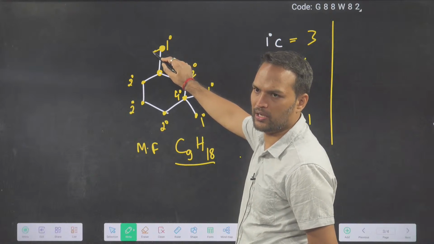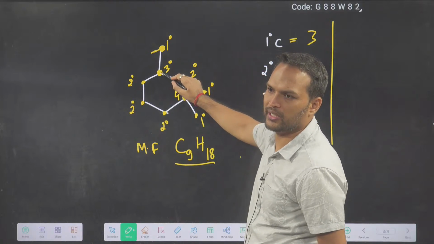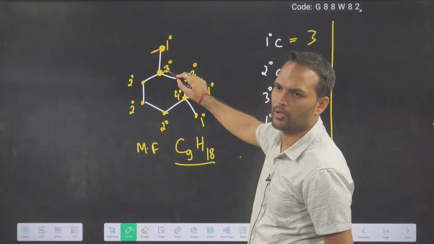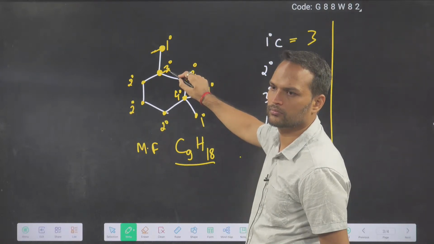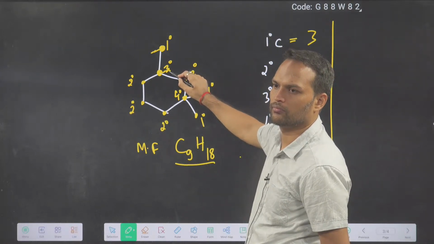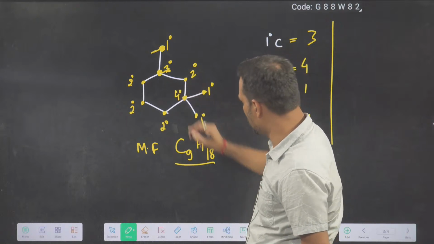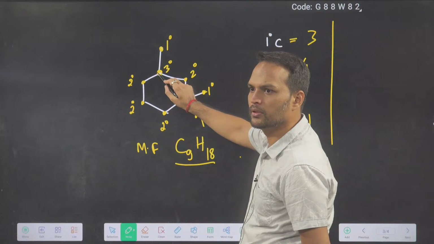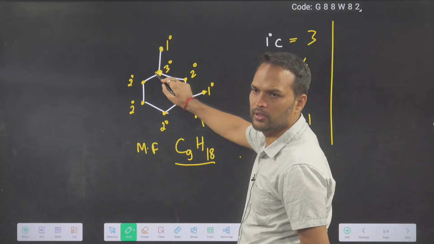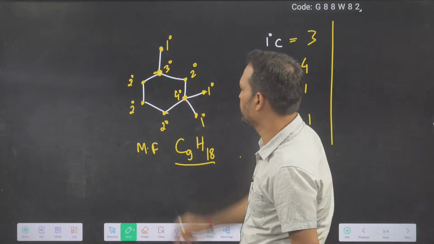All hydrogen here are 1 degree. What is the degree of hydrogen which is present here? 3 degree hydrogen. Clear? So hydrogen degree is equal to degree of carbon.